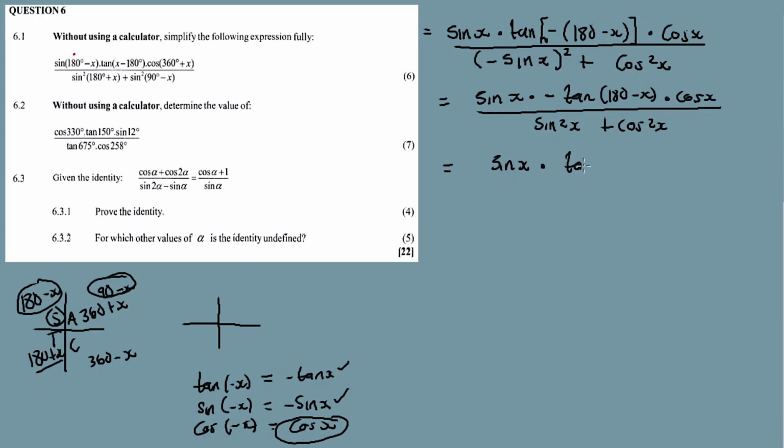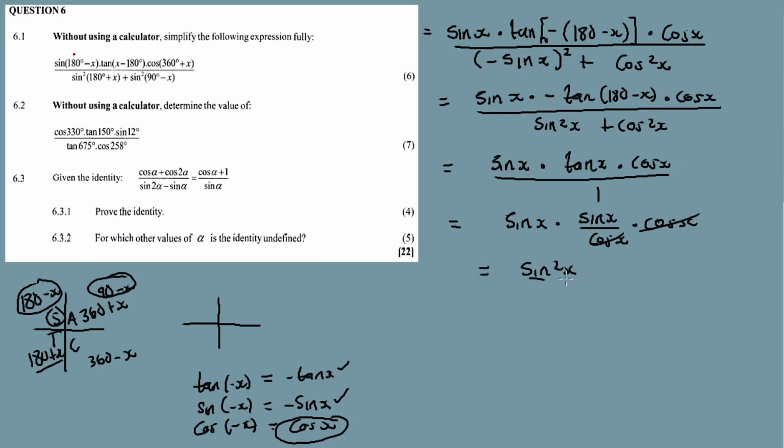So we have positive tan x multiplied by cos x divided by 1, equal to, then use the identity for tan: we convert this to sine x over cos x multiplied by cos x. When I cancel, we are left with sine, so sine times sine is sine squared x. Now our answer is here at the end.